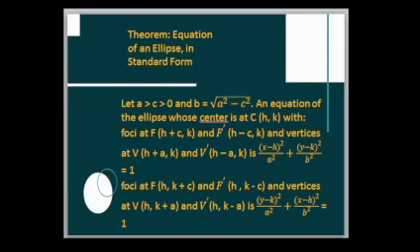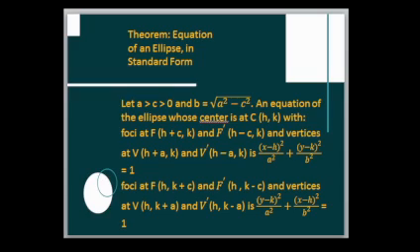Okay, next theorem. Equation of an ellipse in standard form. Let a be greater than c, which is greater than 0, and b equals the square root of a squared minus c squared.